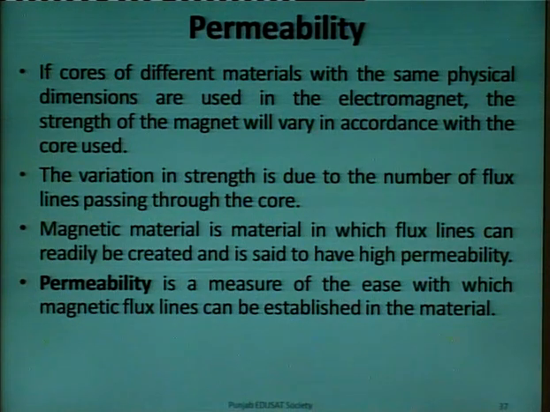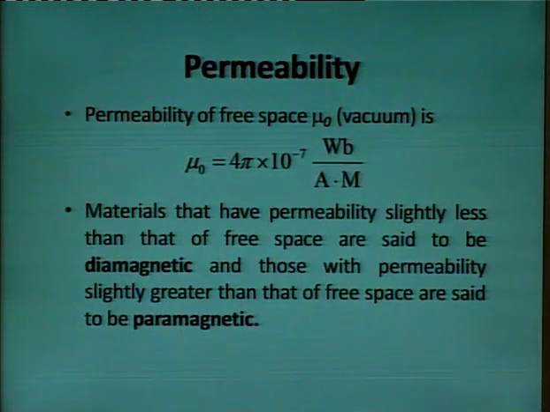So, in other words, we can say the permeability is a measure of the ease with which the magnetic flux lines can be established in the material. The permeability is denoted by mu, the Greek letter mu, and the permeability of free space, that is the permeability of vacuum, is denoted by mu naught.